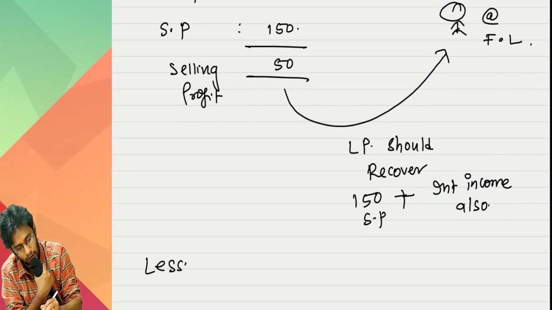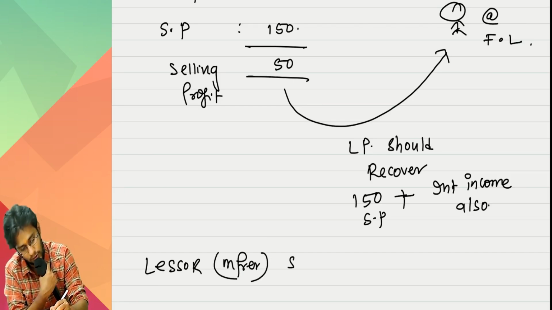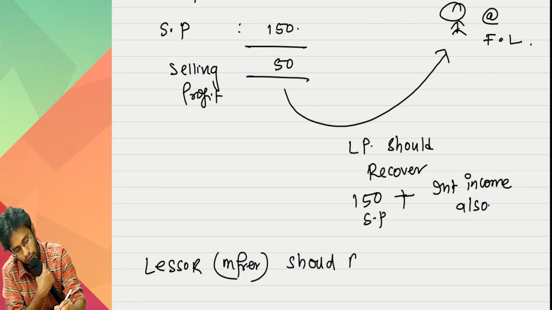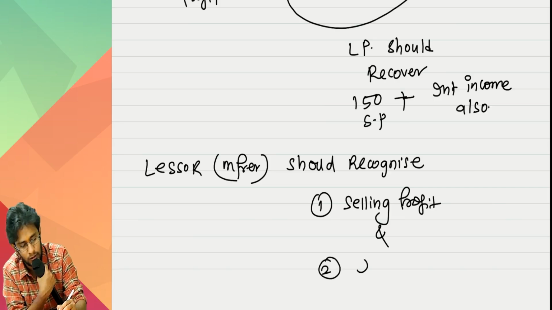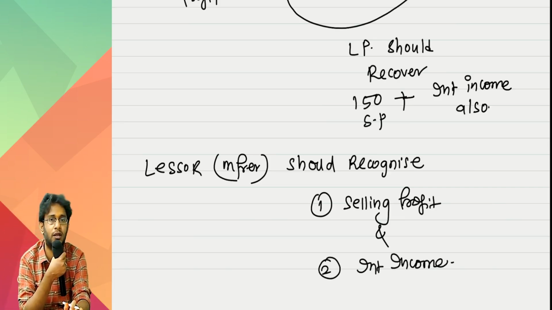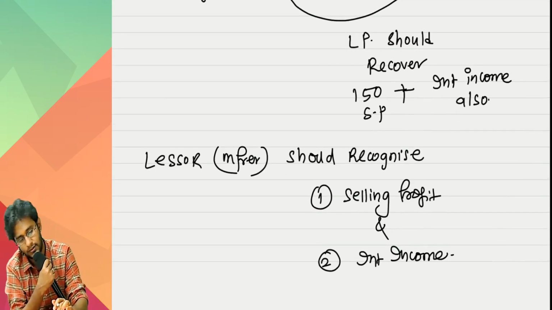So the lessor who is a manufacturer should recognize two things now, which was not there earlier: number one, selling profit, and interest income. In the earlier case, that fellow was recognizing only interest income. This time, extra selling profit should be recognized also.